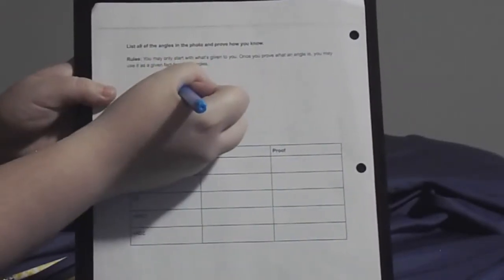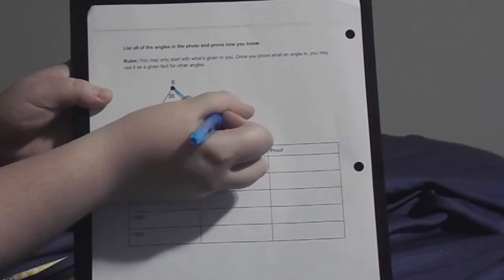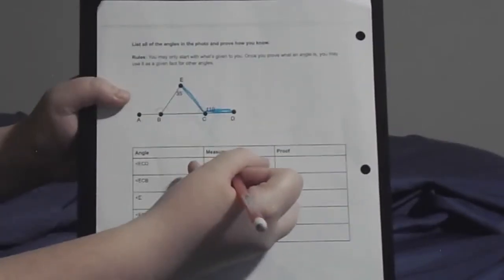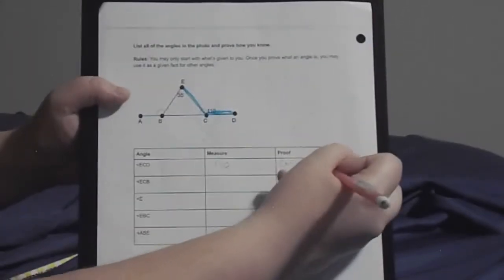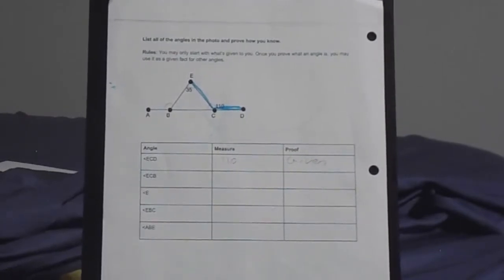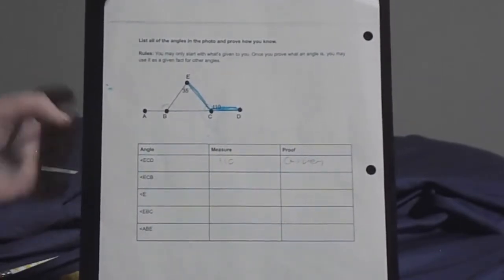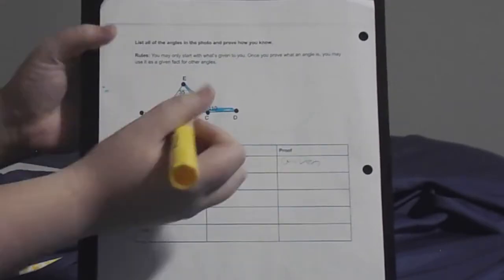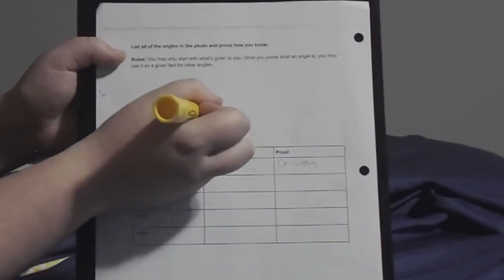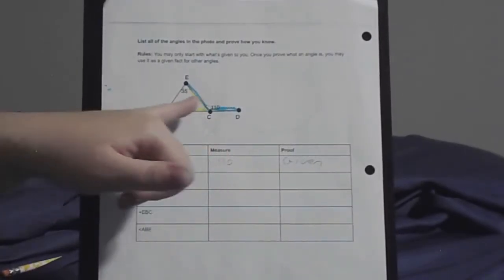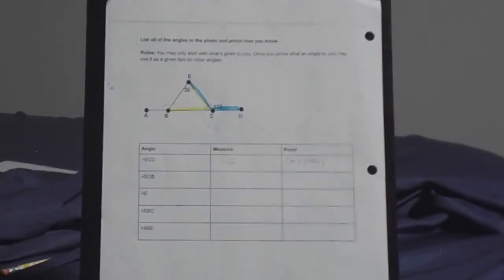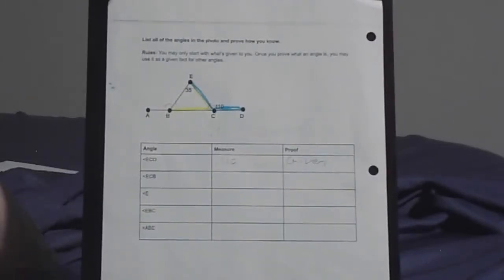Angle ECD, this guy here, ECD, was 110. And I know that because it was given to me. They just told me it was 110. So then angle ECB, this one here, is a straight line pair with this dude, with 110. And if it's a straight line pair, it has to add to 180.